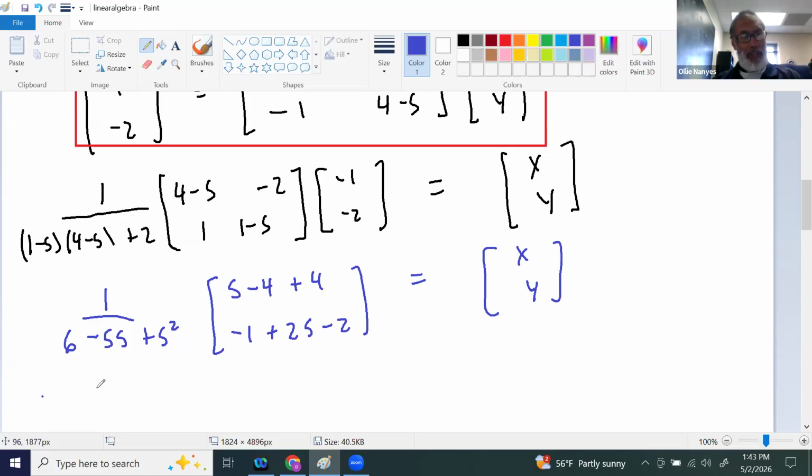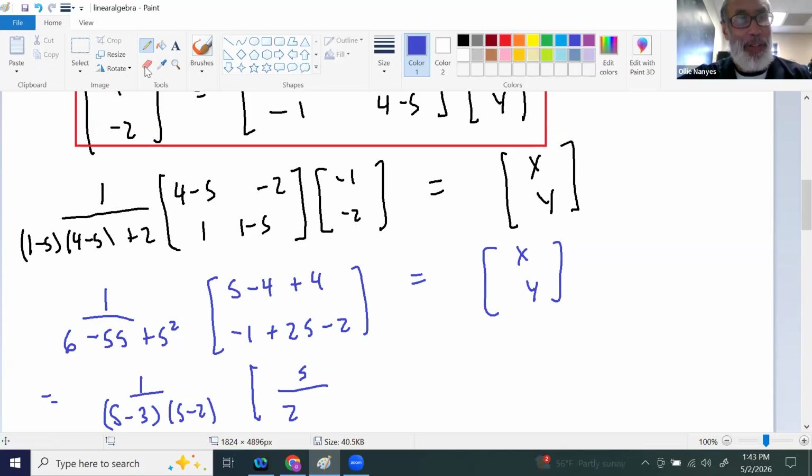Now, this bottom thing here factors very nicely. This factors as s minus 3, s minus 2. And let's just do a little simplification. That's an s. This is 2s minus 3. I should not have drawn that little line, it's not a fraction, I just got carried away. That is 2s minus 3.